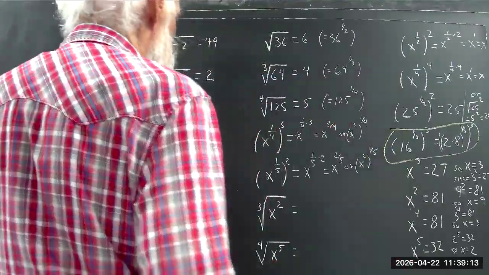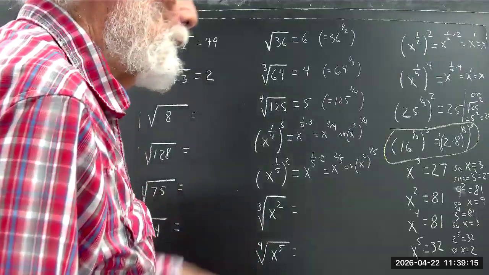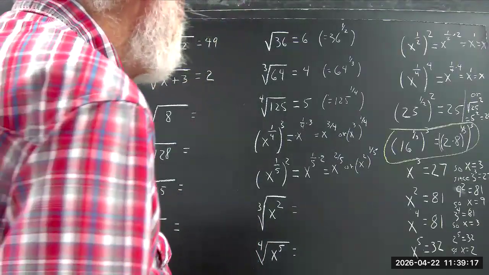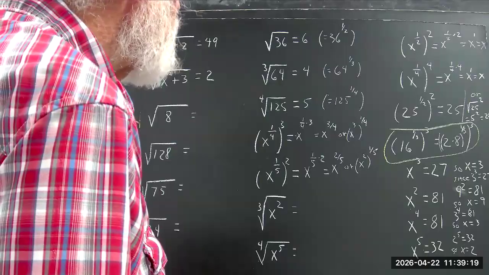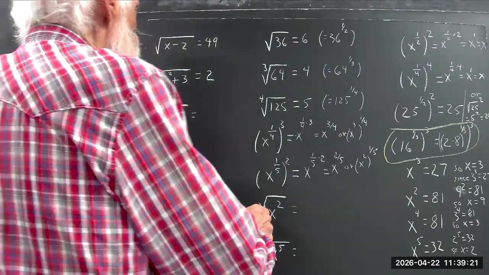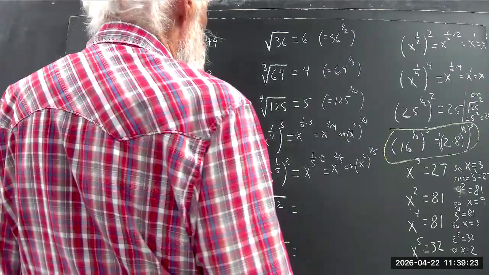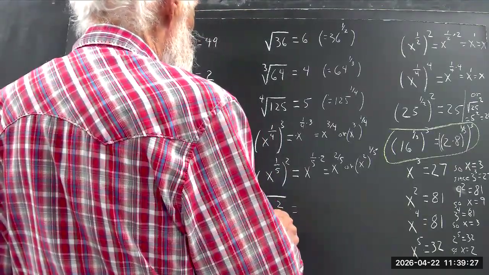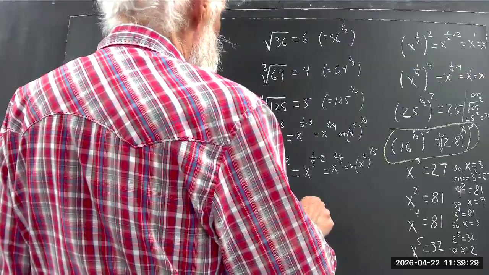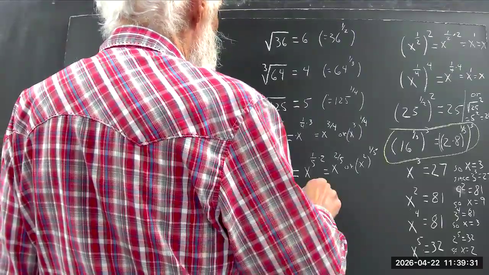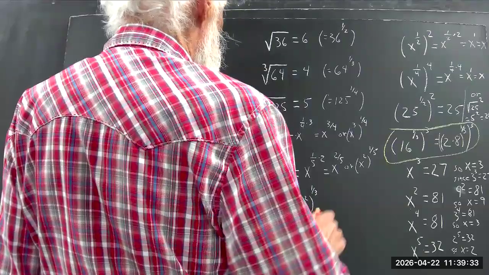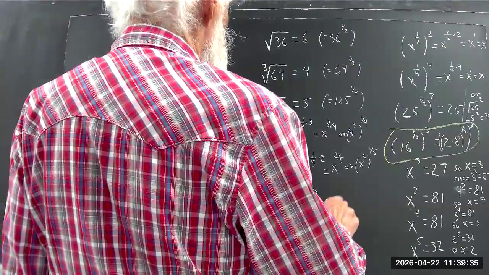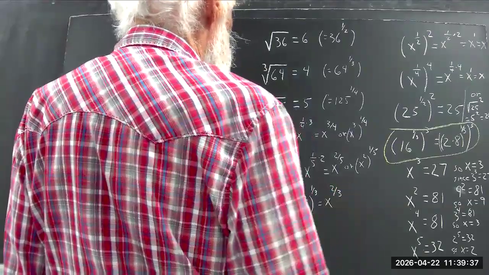How about the cube root of x squared? Well, the cube root of a number is the 1/3 power. Okay, cube root is the 1/3 power, so this is x squared to the 1/3, which is x to the 2/3.